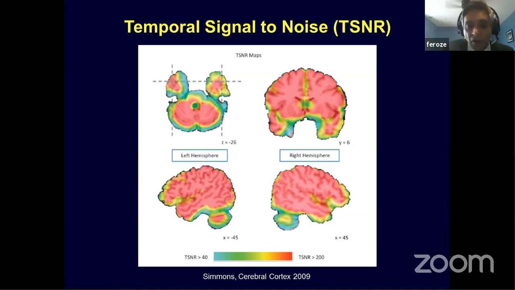If you look at the orange spots and the blue spots is where you have a very, very low TSNR. Not surprisingly, as you all know, this is closer to the temporal bones, where the high susceptibility is. So your scanner needs to be shimmed properly and corrected properly if you want to engage in experiments, for example, like epilepsy, language mapping, and things like that.